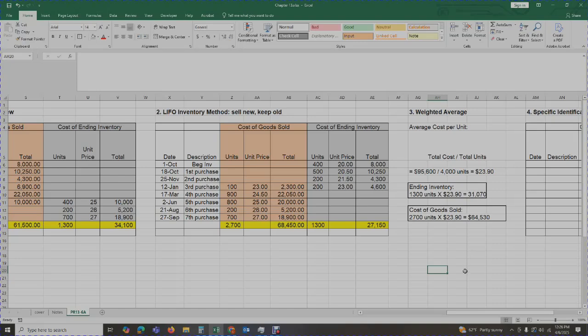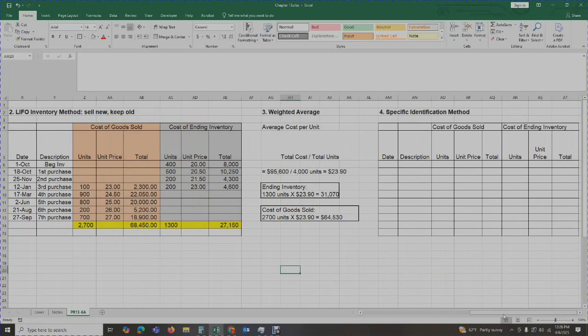Okay, the last one that we have is the specific identification method. Give me a second here. Okay, so let's see what we have to do here. The specific identification method is the last one that we're going to be handling.